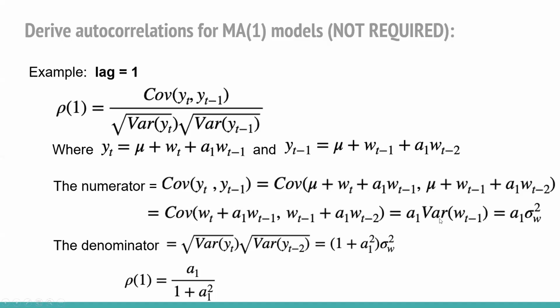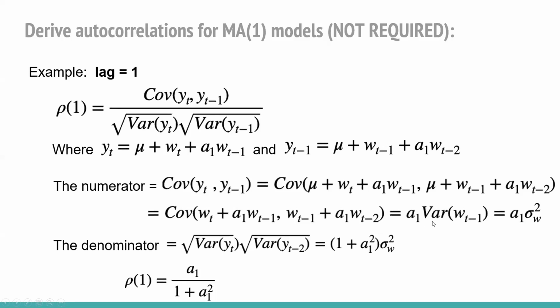Because we're talking about covariation, I'm going to write A1, then the variance of W(t-1), the variance of the immediate past. Mathematically speaking, when I simplify that, there's another way to put it.